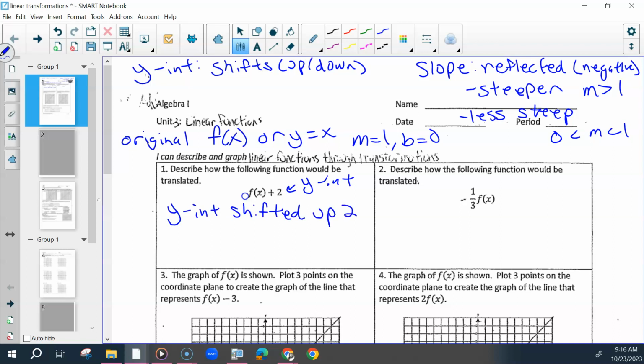So when you write the description, you have to say what you're talking about, y-intercept or slope. What did it do? Shifted or reflected, steeper, less steep, and by how much? If there were more things with that, we would add more. But that's the only thing that changed. That's the only thing that happened. Do we have any questions so far?